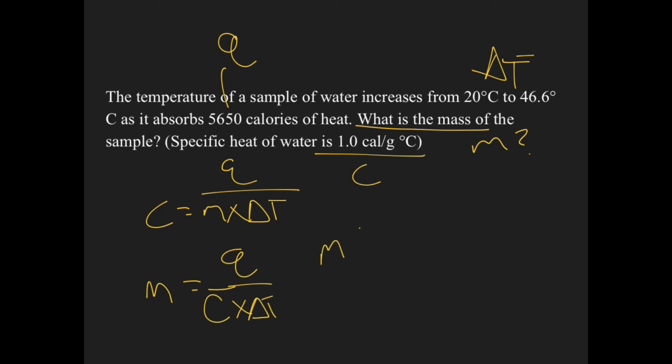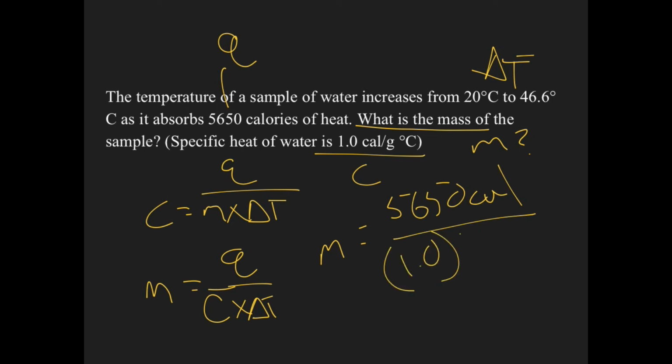So let's plug in what we know. The heat is 5650 calories. The specific heat is 1. And the temperature change is 20 to 46.6, which is 26.6 degrees Celsius. When we calculate that, we find that the mass of water that was heated is 202.4 grams.